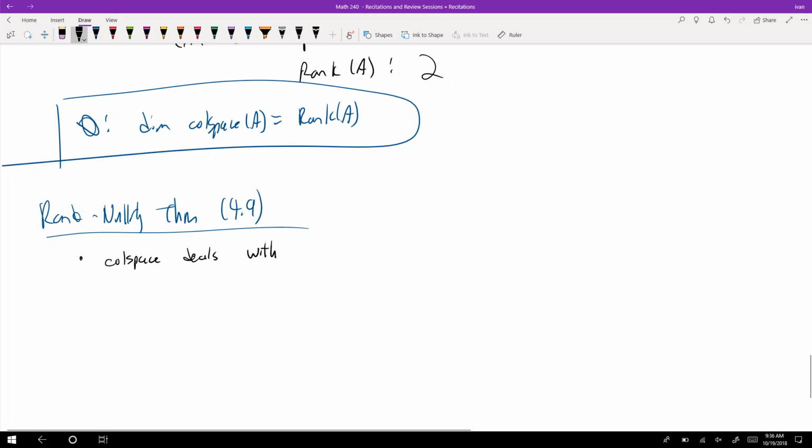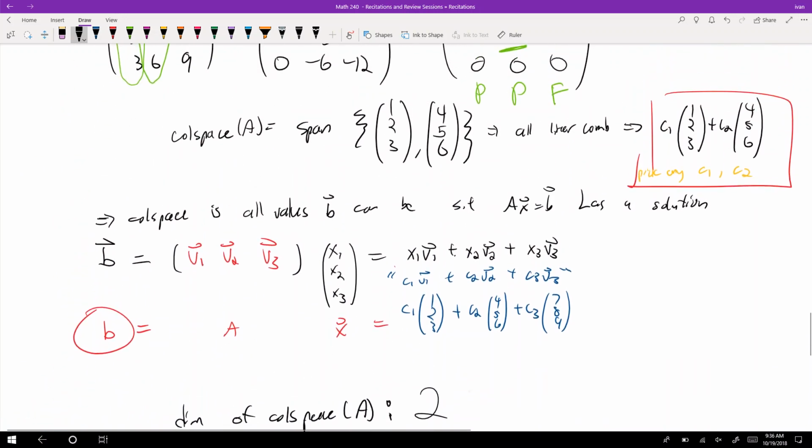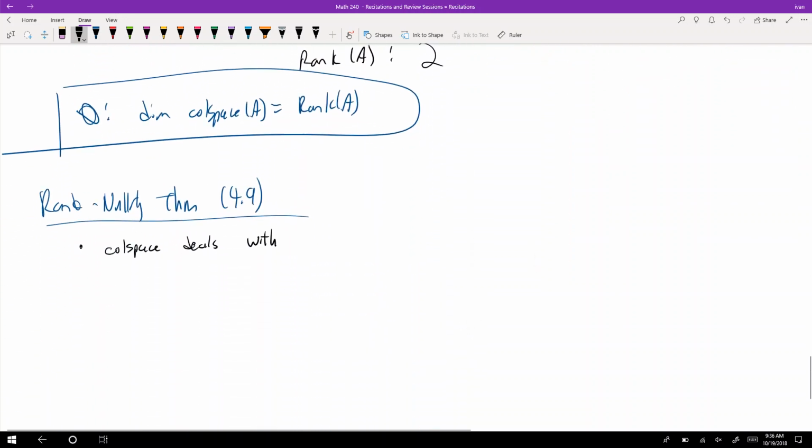So our span of the 2 vectors of the column space is the set of all solutions. It's not the set of all solutions, right? Because the solutions talk about x, but did we really talk about x up here at all? No, not really, right? I even called x a different name. Set of all b's, sorry. Yeah, so the column space is really the set of all b's where this has a solution, right?